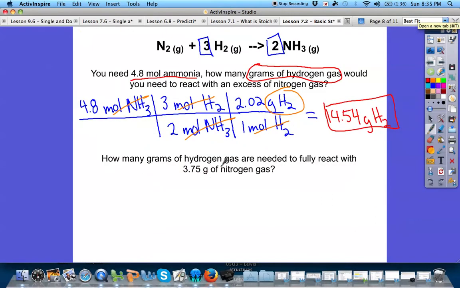So then our next problem says how many grams of hydrogen gas are needed to fully react with 3.75 grams of nitrogen gas. So we're going from mass to mass in this problem. So we're going to start with 3.75 grams of N2.